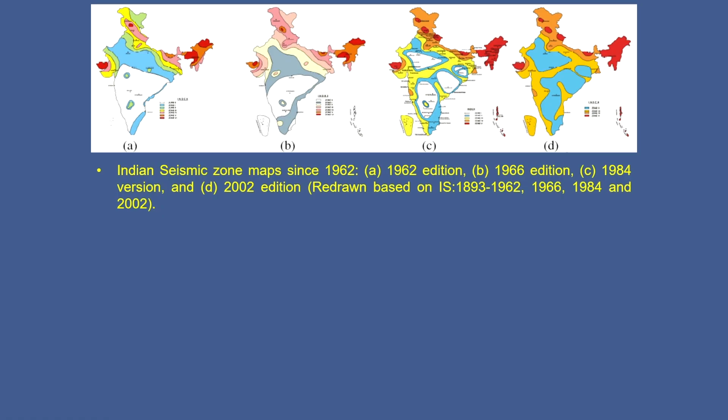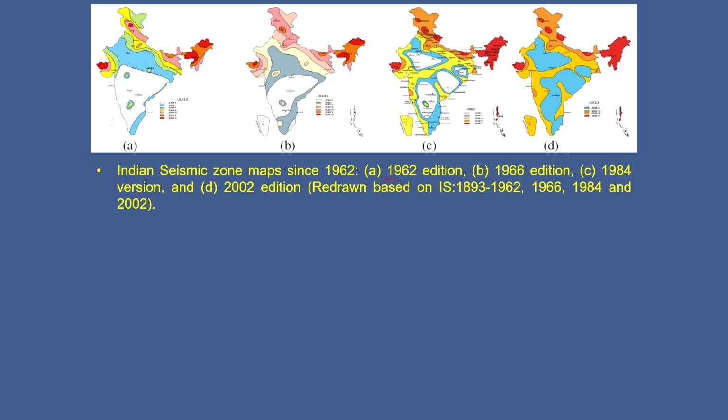It started in 1962, where we had almost 6 zones. This was the first edition of the Indian seismic zonation map.